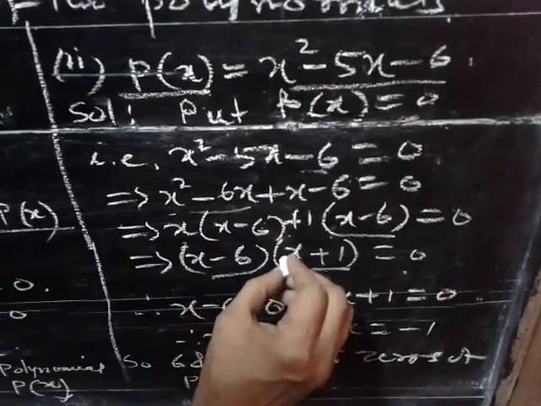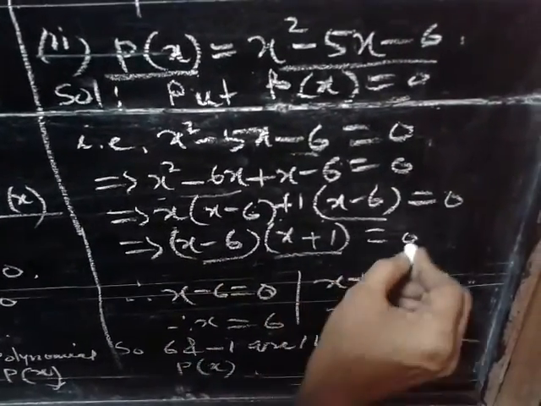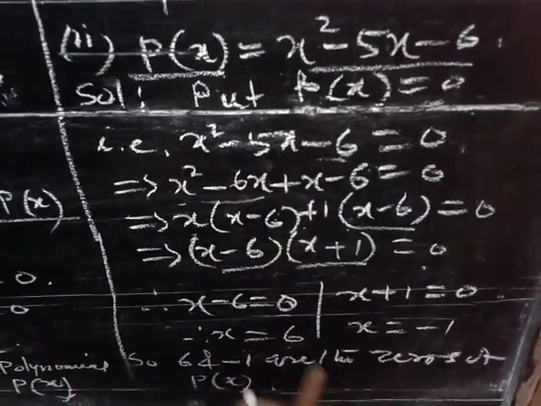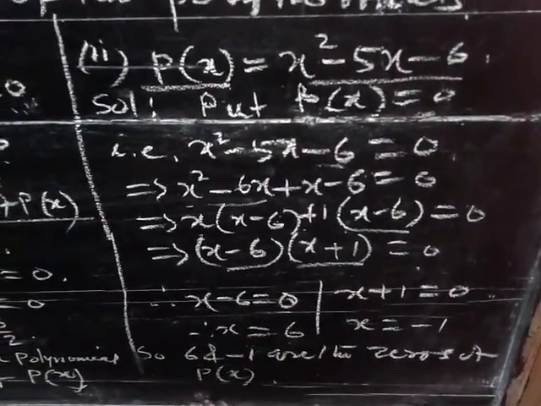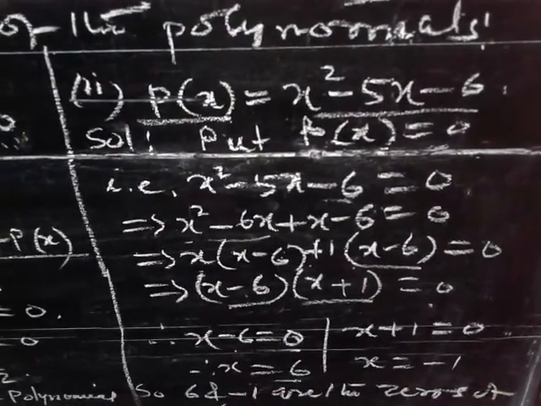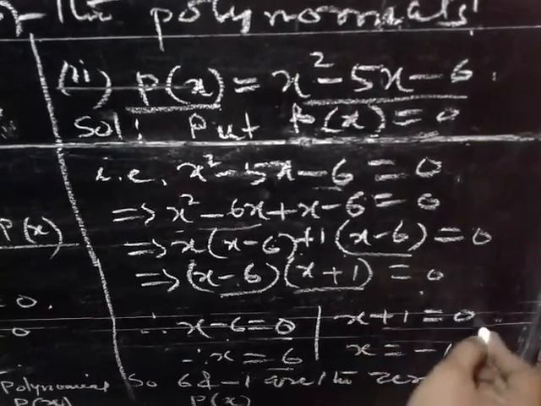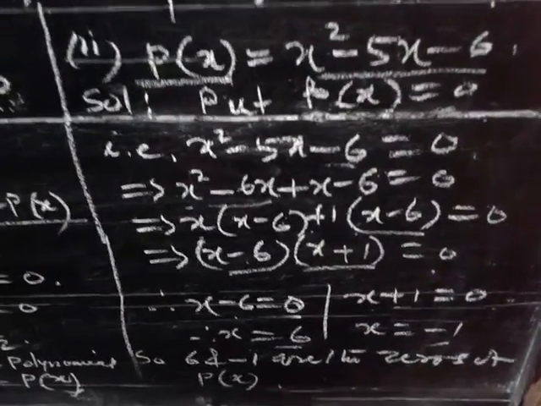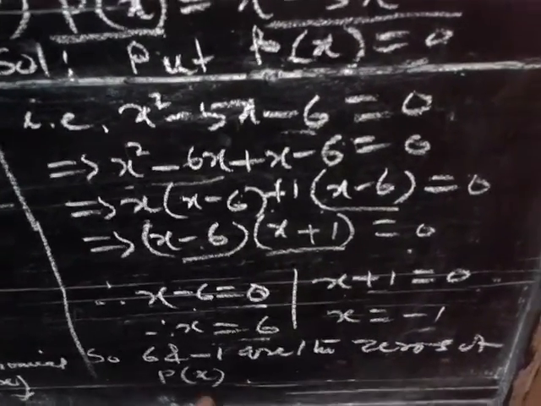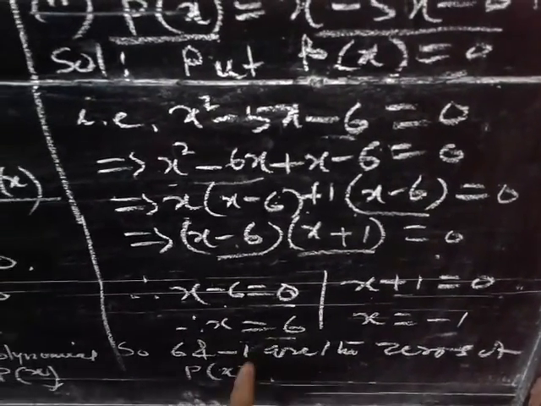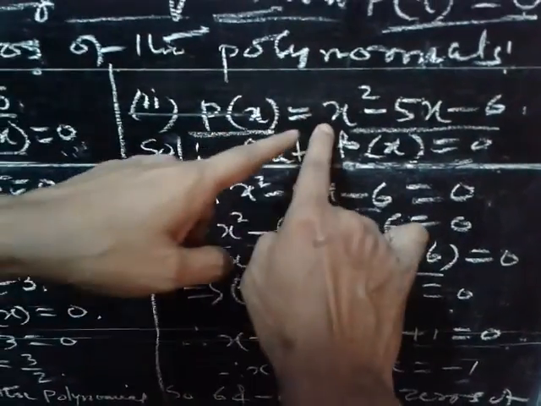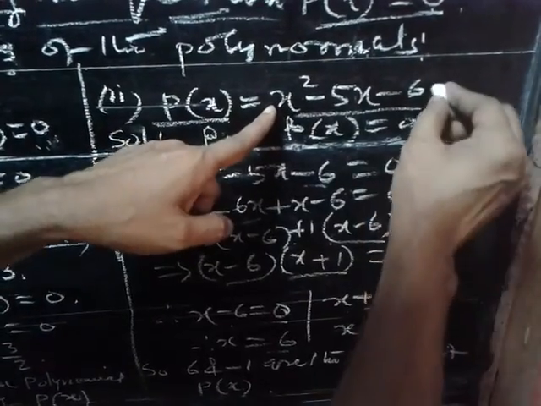Now we know that if a product of two numbers is 0, then either one of the factors or both must be 0. So x minus 6 equal to 0, then x must be 6, or x plus 1 equal to 0, then x equal to minus 1. See, these 6 and minus 1 are the zeros of polynomial p(x). If you put the value 6 instead of x, you will get 0. I am just showing you.